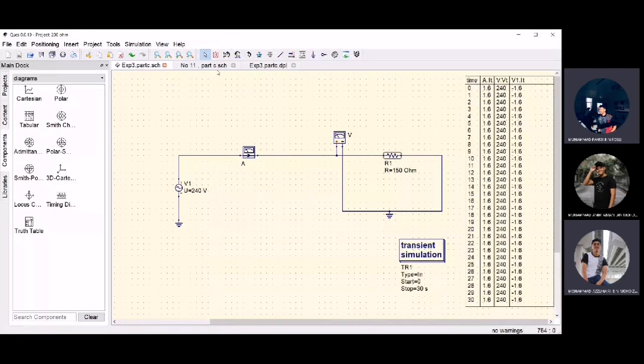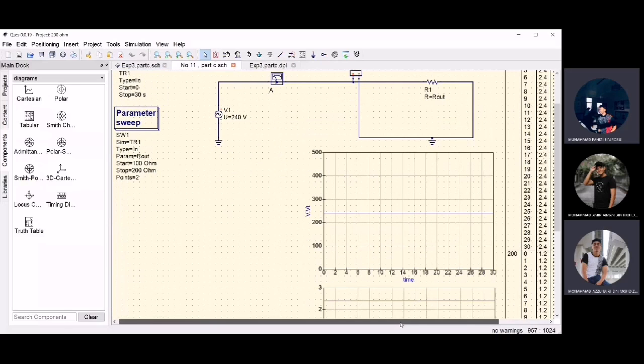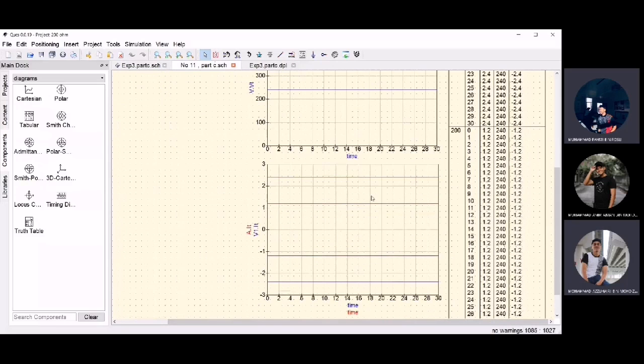Next, by using the transient simulation with the parametric sweep. In the parametric sweep, we start with 100 ohm and stop at 200 ohms. For the transient simulation, we also use the settings from part D. As we can see here, this is the graph for the voltage and for current that we obtained.